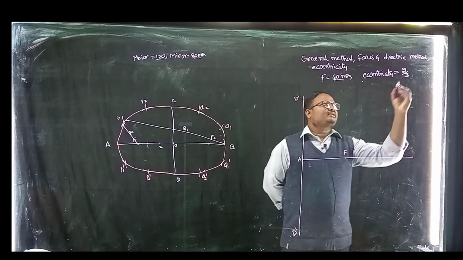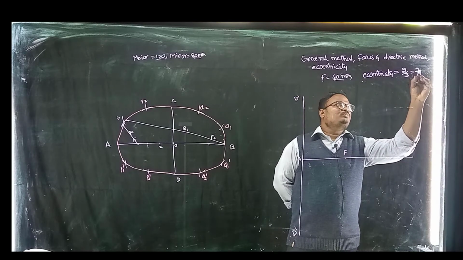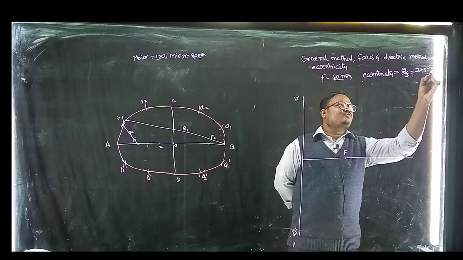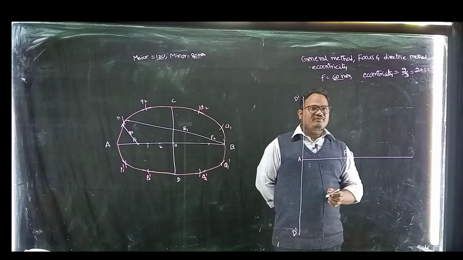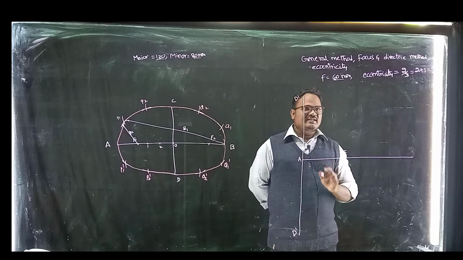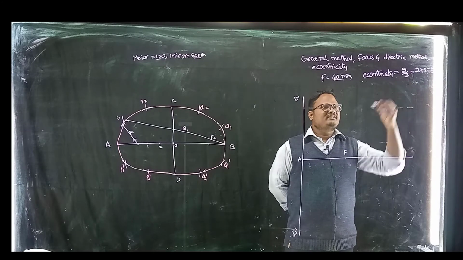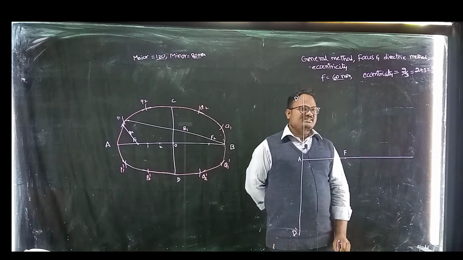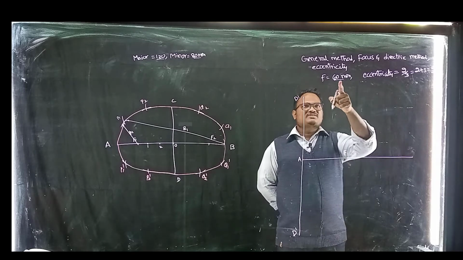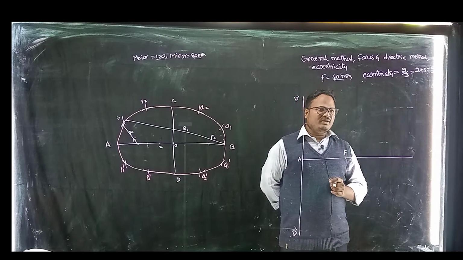Now eccentricity, how much? 2/3. That means 2 plus 3, that means 5. So we have to divide this focus length into 5 equal parts. If it is 4/3, it means 4 plus 3, 7, and we divide the focus length into 7 equal parts.